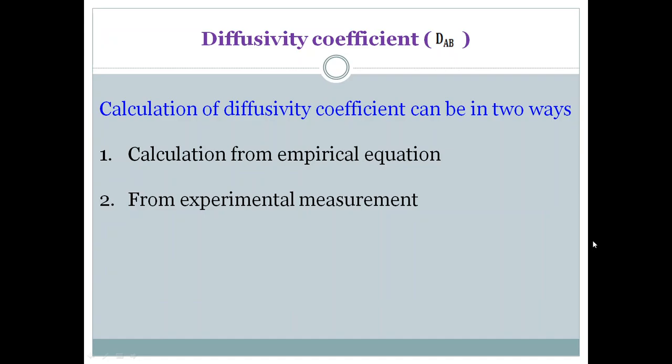Similarly, determining the diffusivity coefficient accurately is very important. Because let's say you have designed one equipment, let's take 100 meter cube, with a diffusion coefficient equal to, let's take, 1.5 times 10 to the power minus 6.